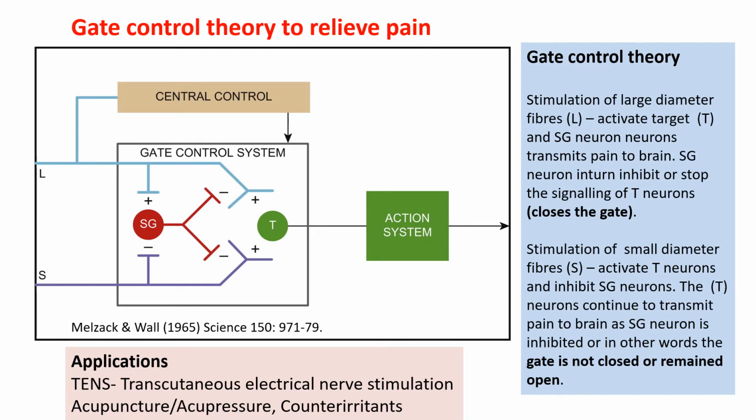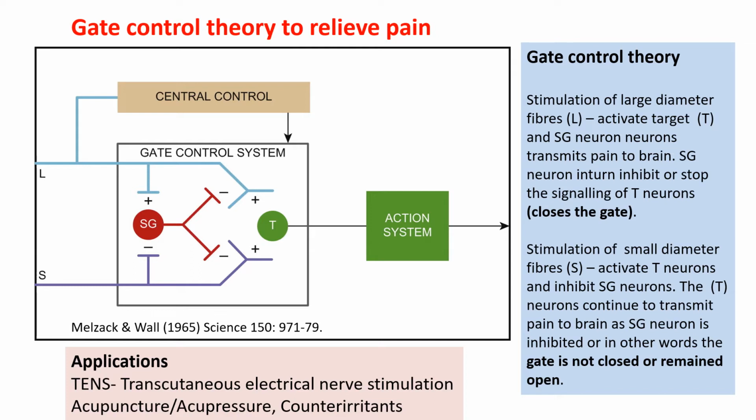That means the gate is not closed, it remains open, so there is a continuous flow of pain or nociceptive information through the T cells. This is happening with the small diameter fibers.